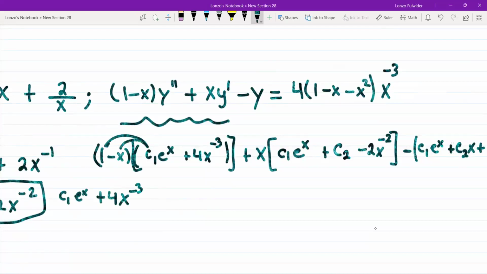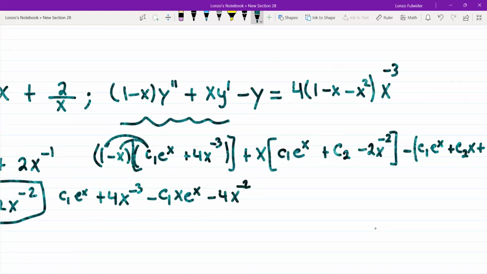Negative x times c1 e to the x is negative c1 x e to the x. Negative x times 4x to the negative 3 is negative 4x to the negative 2.